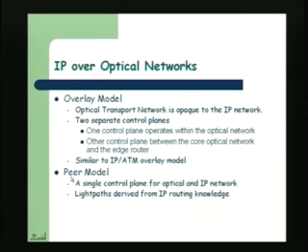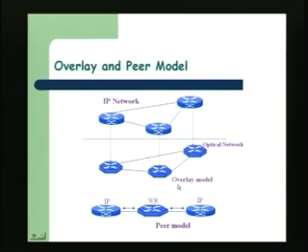As we have seen when we discussed the overlay model in the context of IP over ATM, to address the problems of IP over ATM, we said that in a peer kind of model, MPLS based networks actually provide a peer model. Now, in this context, we will see that MPLS can also be used as a single control plane protocol even for the integration of optical and IP networks. That is really an advantage.